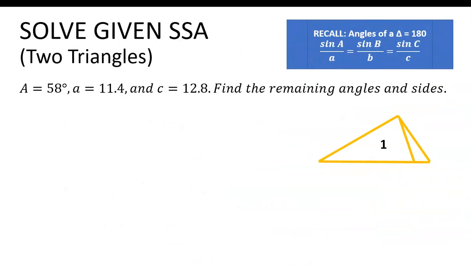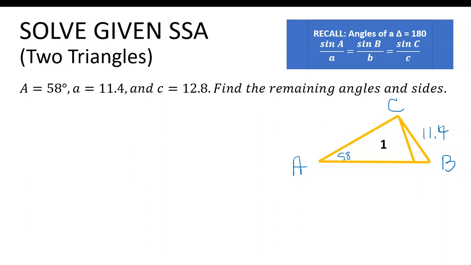Two triangles, you already know, will be an SSA. So I am going to first fill out some stuff here. I've actually split it, but at first we're going to think of the whole thing. So I would have 58 degrees. Over here would be 11.4.